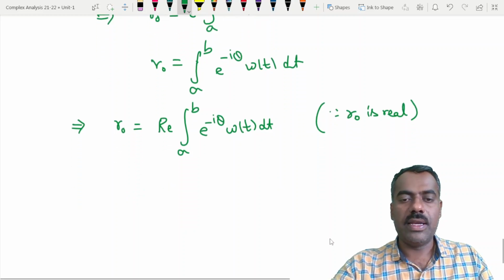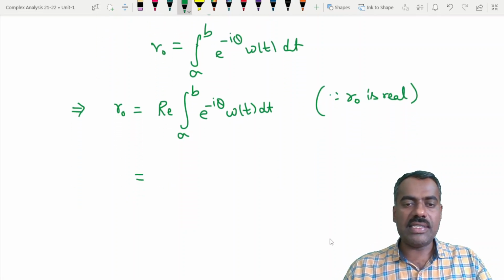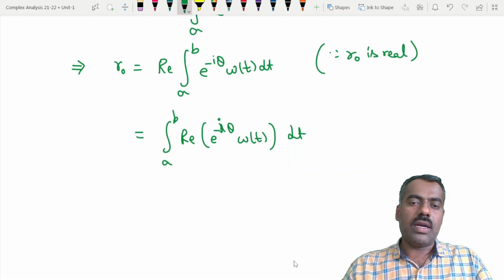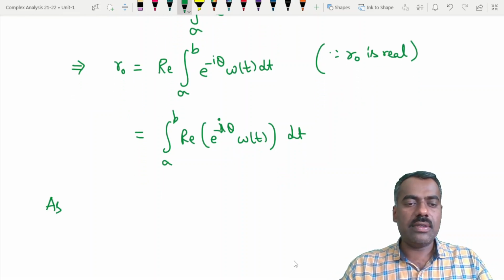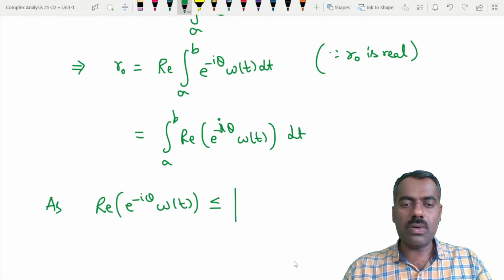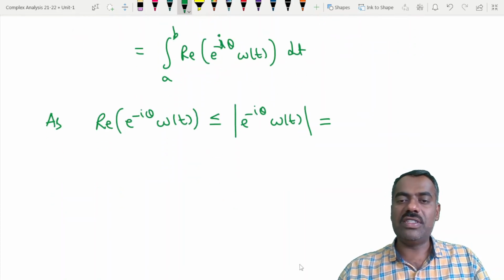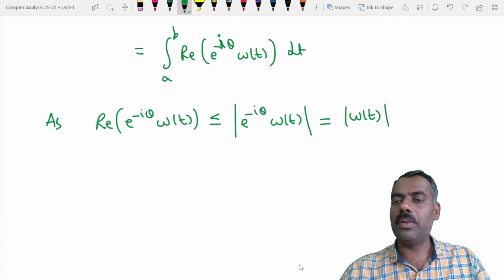But we have seen in the last class that this is the same as the integration of the real part of this function, which is e power minus i theta into W of t. But observe a basic thing: the real part of any function is always less than or equal to its absolute value. This is the same as the modulus of e power minus i theta, which is 1, so you will have the modulus of W.